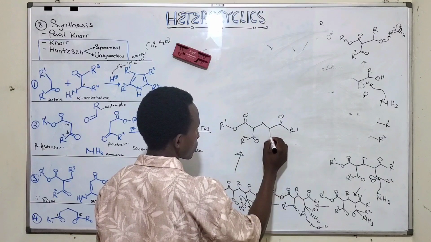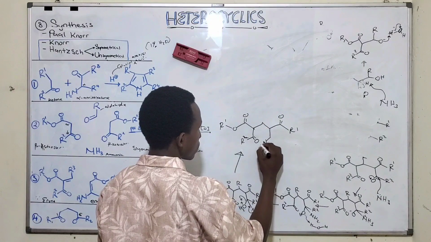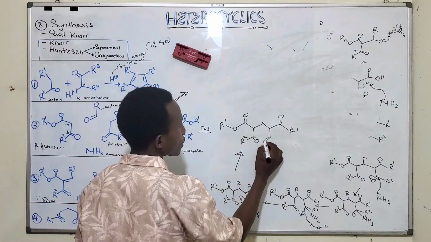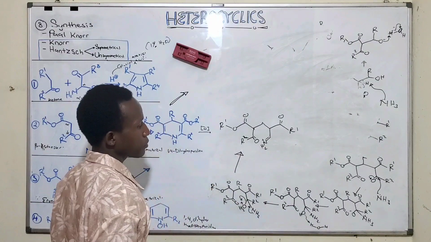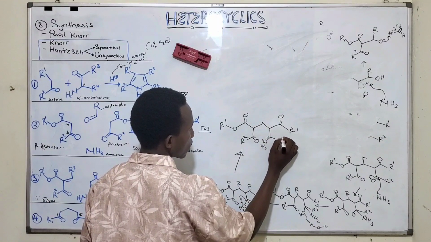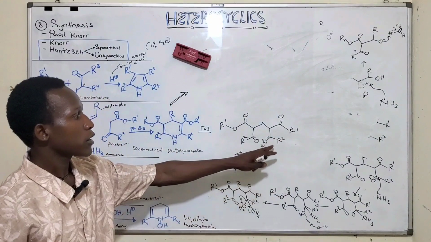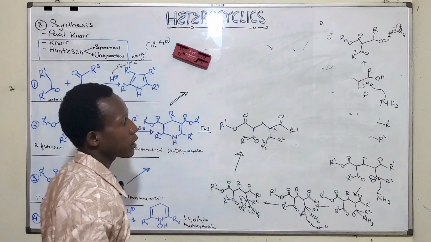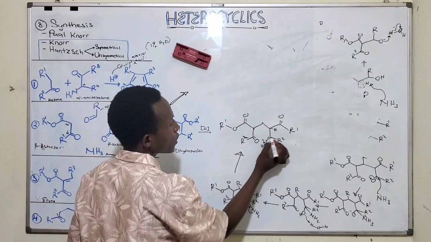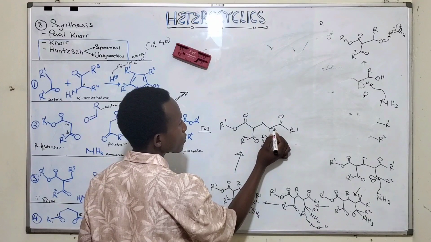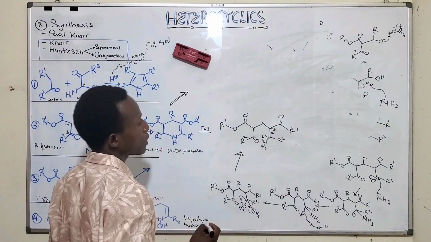Then you're having NH2, but it has formed a double bond. So it is plus. Then R2. This is what you're having. Remember, we're having hydrogen there. As this nitrogen pulls a bond back, this one breaks off, forming a double bond.